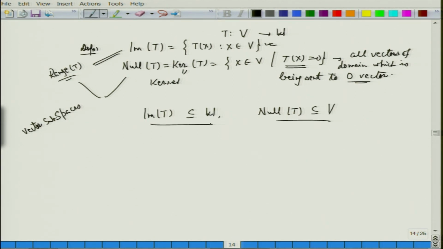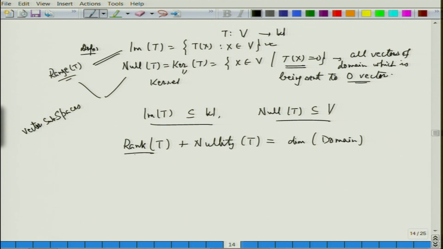So we can talk of their dimensions. We can look at the rank nullity theorem that we had there: rank of T plus nullity of T is equal to the dimension of the domain.